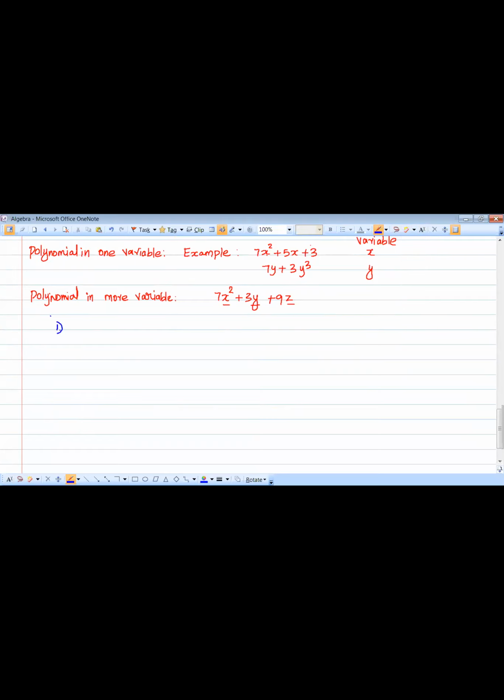First, we have studied about constant, variable, term, coefficients, algebraic expression, polynomial, types of polynomial, and polynomial in one and more than one variable.